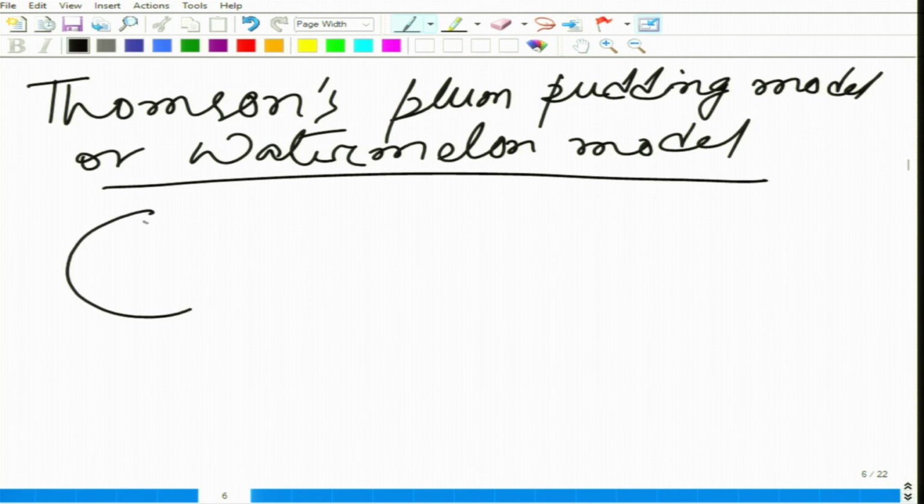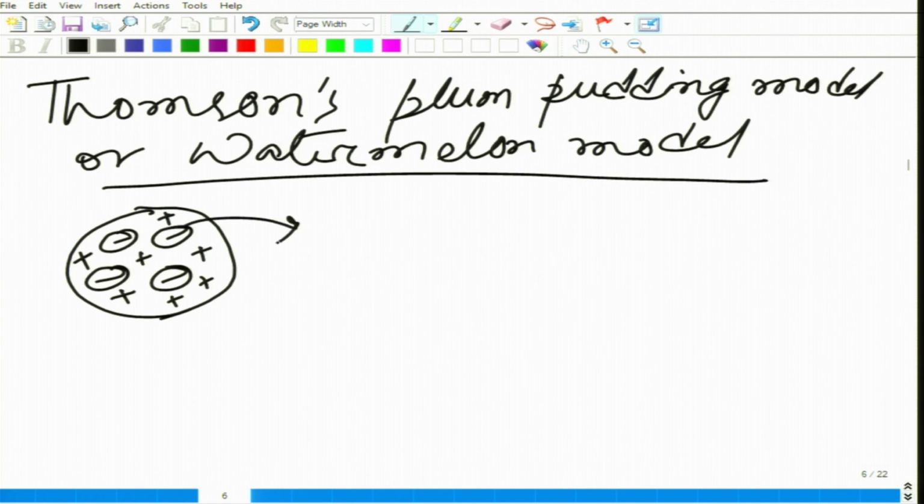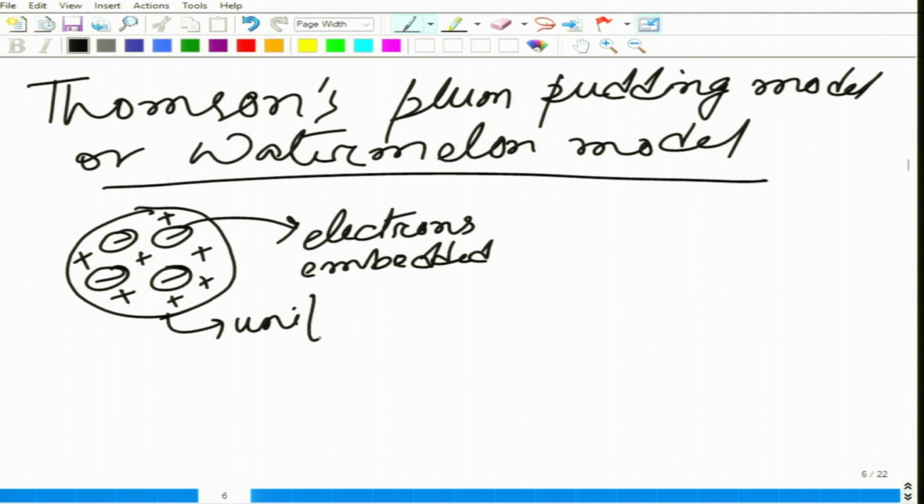Thomson had proposed the atom to be a sphere where electrons are embedded like the seeds of a watermelon, and the sphere had uniform positive charge. Electrons were embedded, and this was a uniform positive sphere.